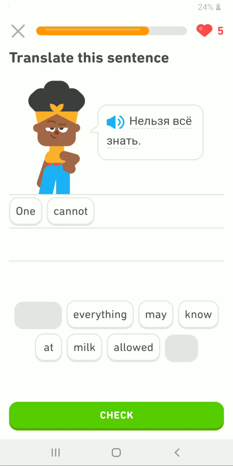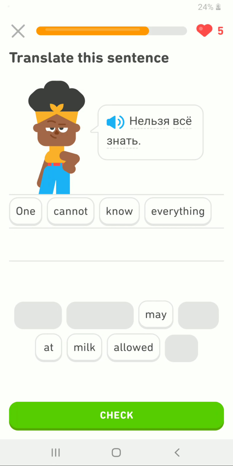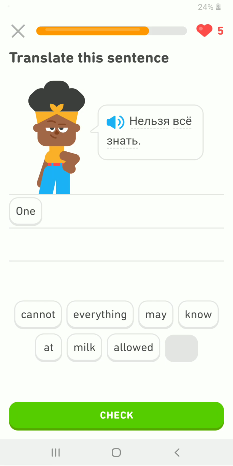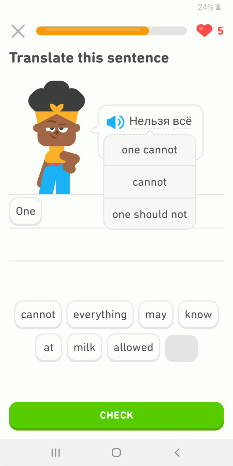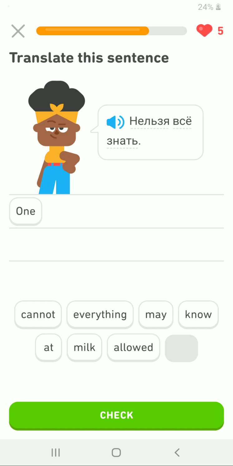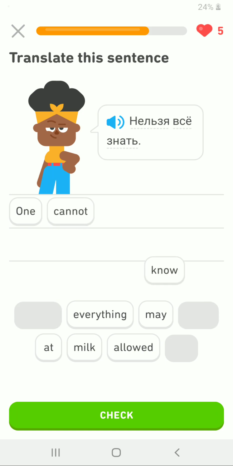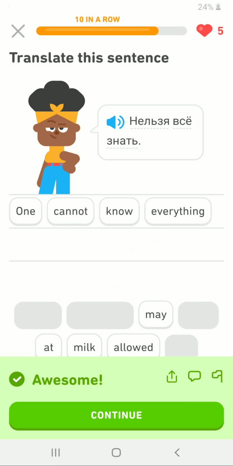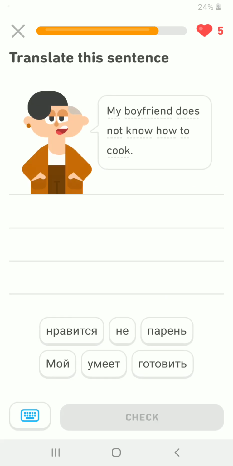One cannot know everything. I don't know how to say this. Let's do it like this: one cannot know everything. Нельзя все знать. Well, I don't see the sense of saying something like that. But anyway, we're just practicing.